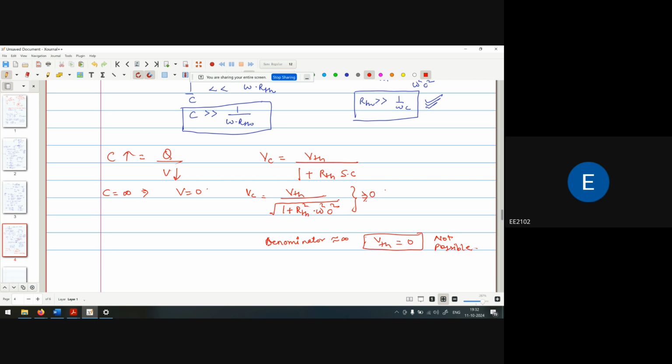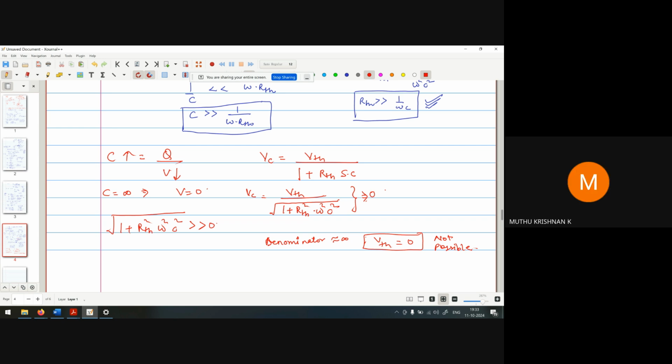Now, if the denominator is high, so I put this one, 1 upon RTH square into omega square C square, the root of this one will be greater than 0. So we are setting this value, which means the left hand side is very large, the capacitance is very large.